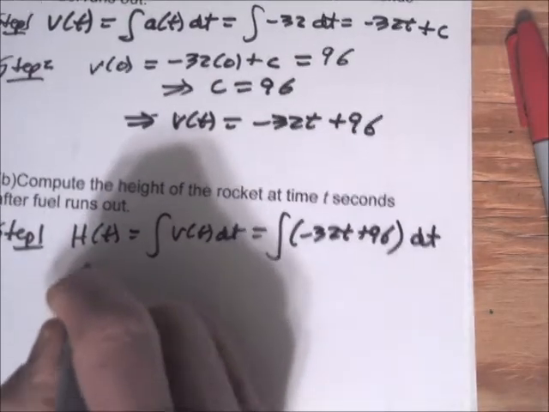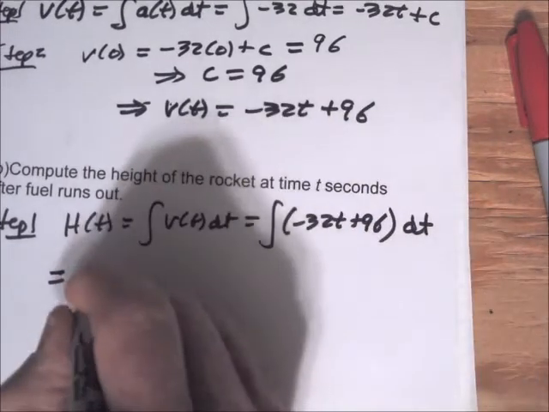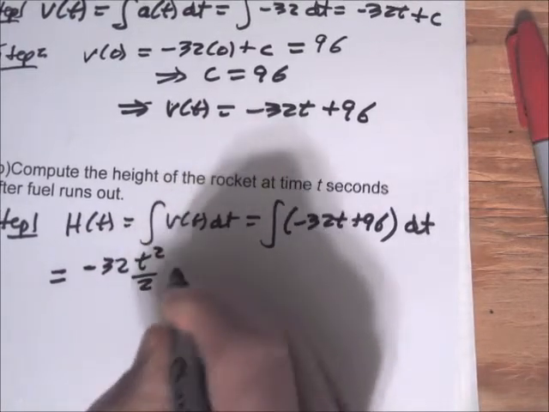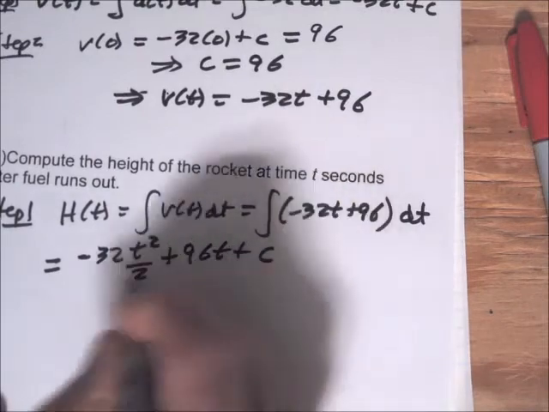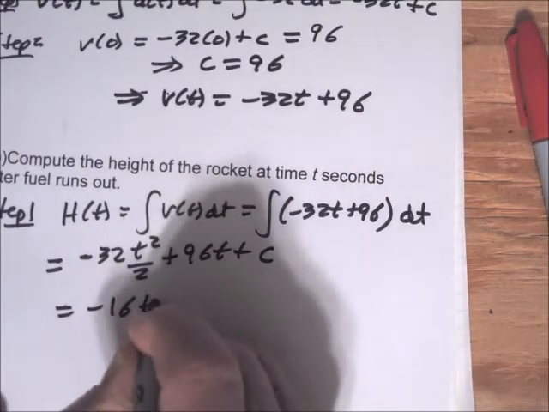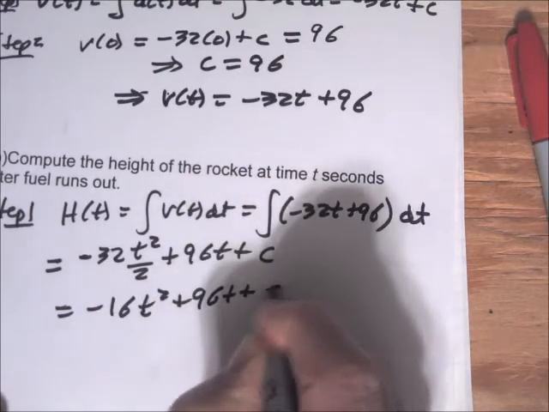And we use the power rule. It'll be minus 32t squared over 2 plus 96t plus a constant. And 2 into 32 goes 16, so it's minus 16t squared plus 96t plus a constant.